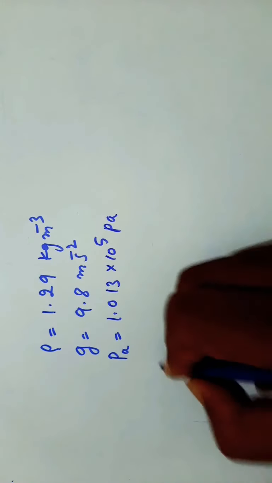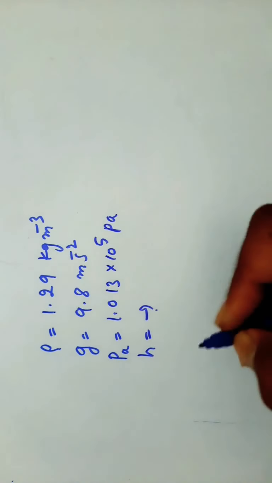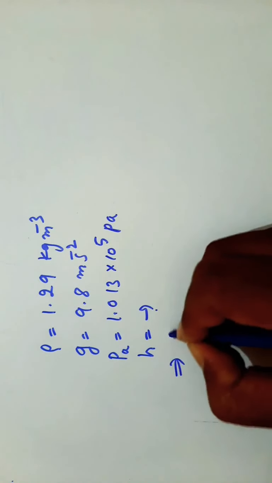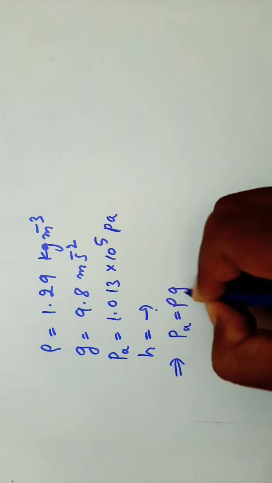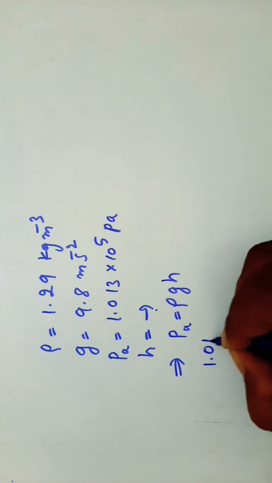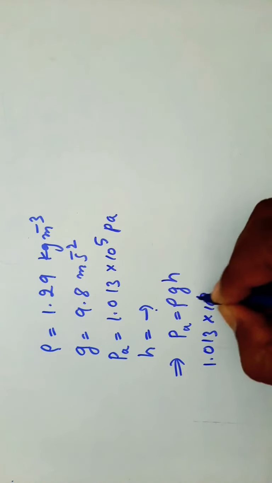So here we have to find H. So we know atmospheric pressure PA is equal to rho gH. So here PA is equal to 1.013 into 10 to the power of 5.